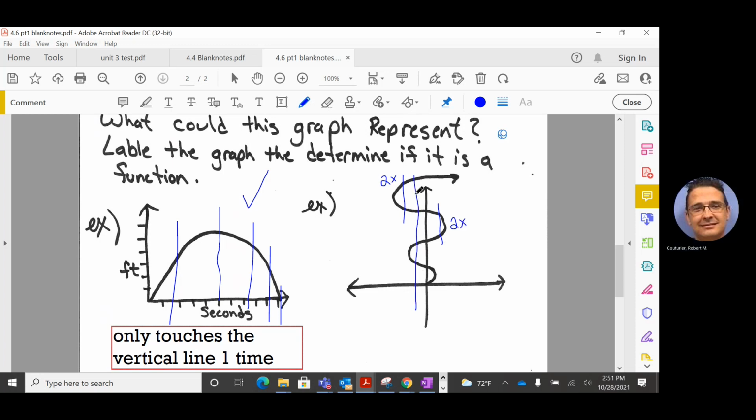Here, that would be 1, 2, 3, 4 times. This is not a function because it does not pass the vertical line test. You can draw a vertical line anywhere on this graph, and it can cross more than once.